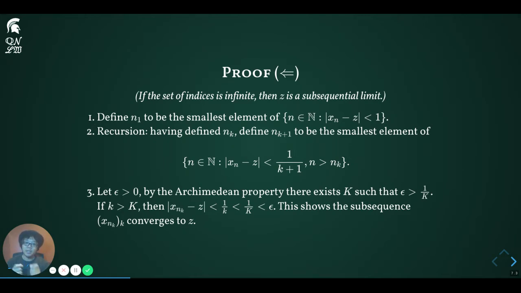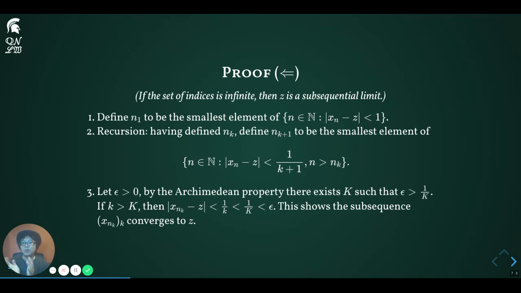This way of building n sub k guarantees directly that x sub n sub k converges to z. For epsilon positive, by the Archimedean property, there is some capital K such that 1 over capital K is less than epsilon. If I choose small k bigger than capital K, our choice will have that x sub n sub k is no more than 1 over small k distance from z.